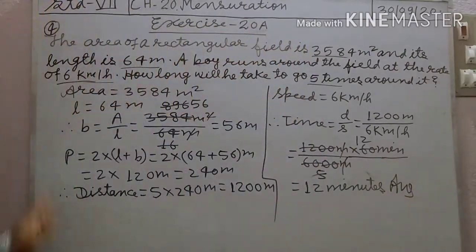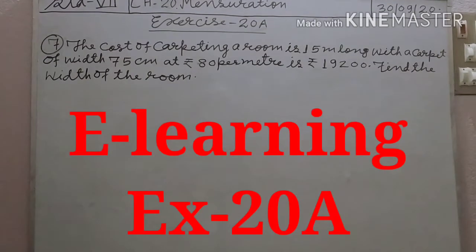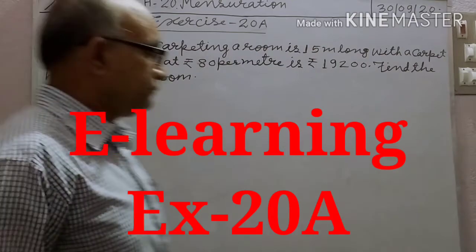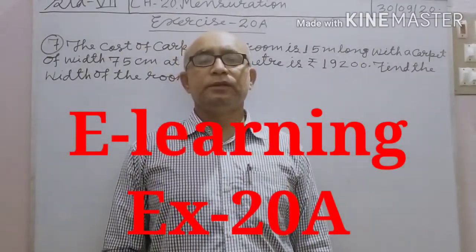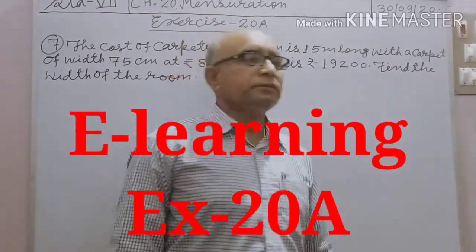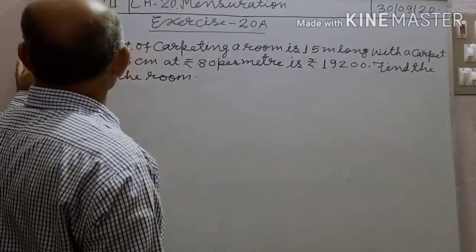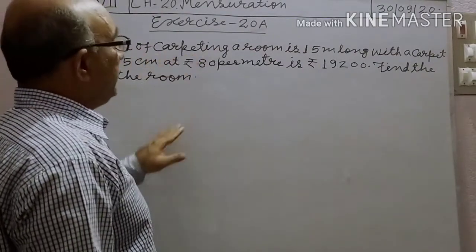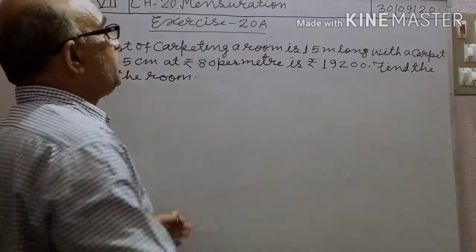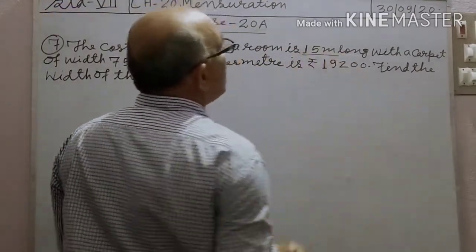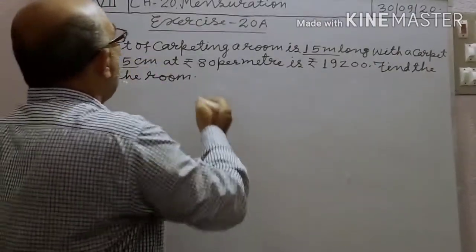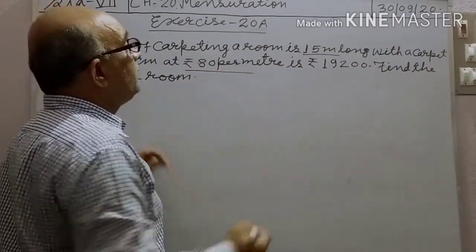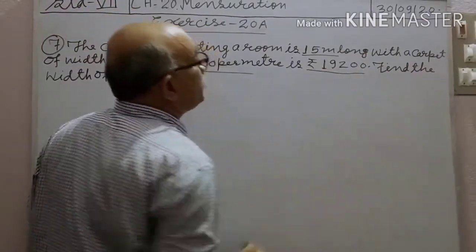Understand and write it. Students, next question is question number 7. Today it is the last question. In this question, the cost of carpeting a room 15 meter long with a carpet of width 75 cm at rupees 80 per meter is rupees 19,200.